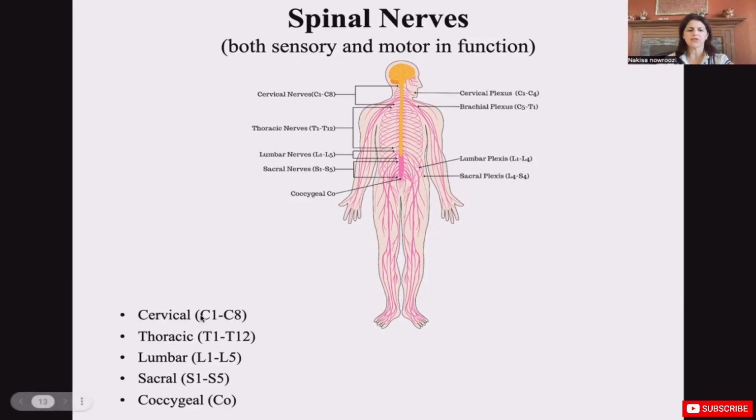They are called cervical spinal nerves C1 to C8, T1 to T12 for thoracic nerves, L1 to L5 for lumbar, S1 to S5 for sacral, and coccygeal, you have Co1, 1 pair. So you have cervical nerves, thoracic nerves, lumbar, sacral, and coccygeal.